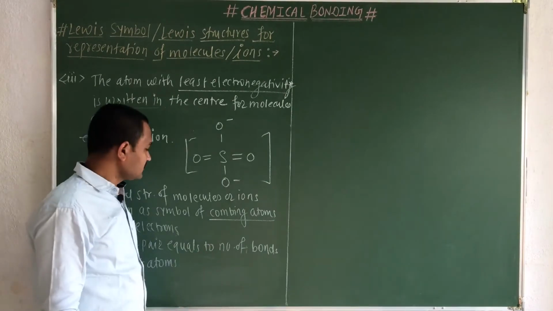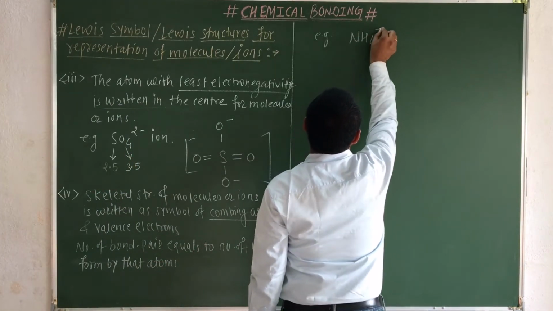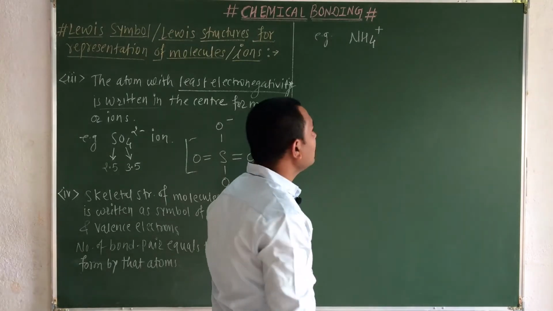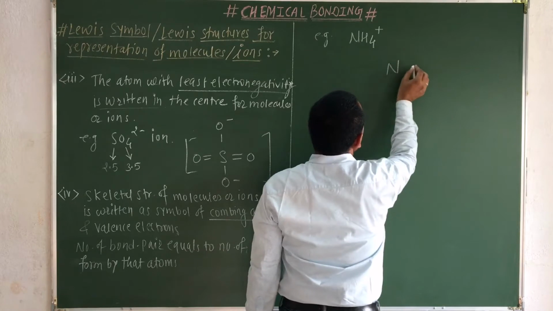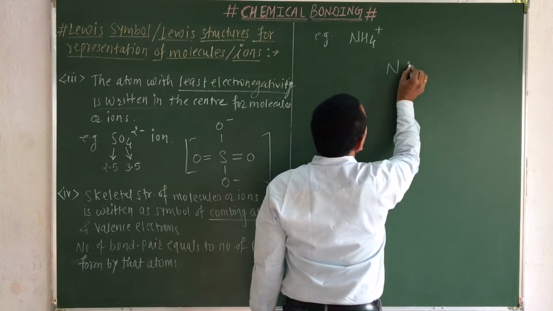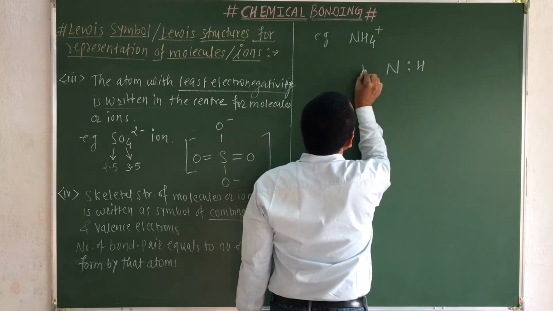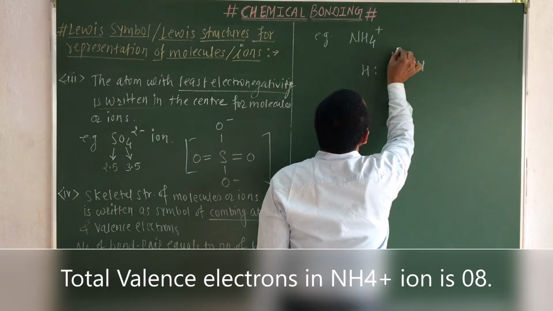Now let us consider the example for this one. Let us consider the example NH4+ ion. Here you know that nitrogen is at the center, and this nitrogen atom is surrounded by the 4 hydrogen atoms. Okay, that's it.